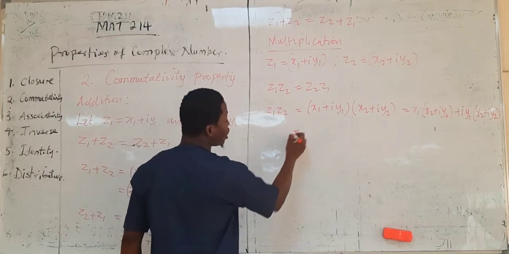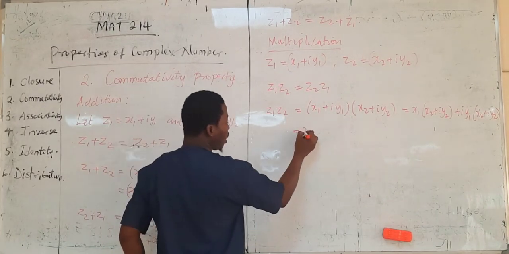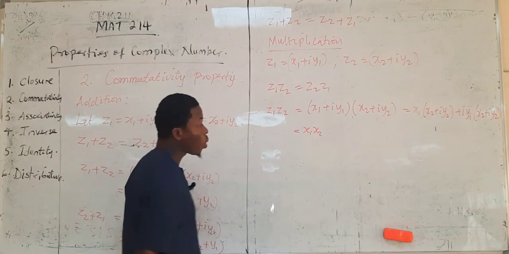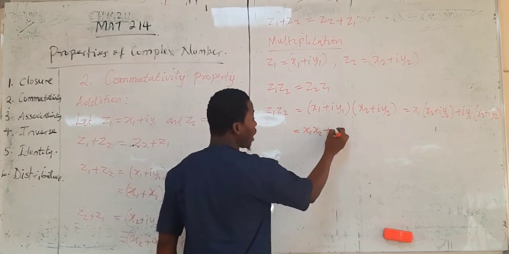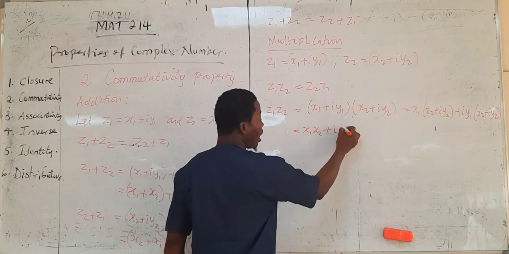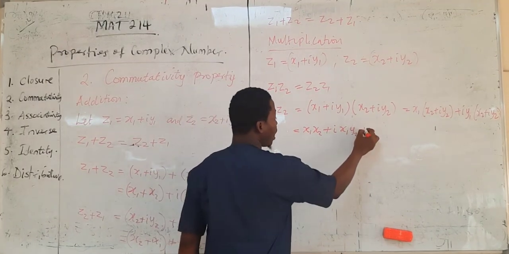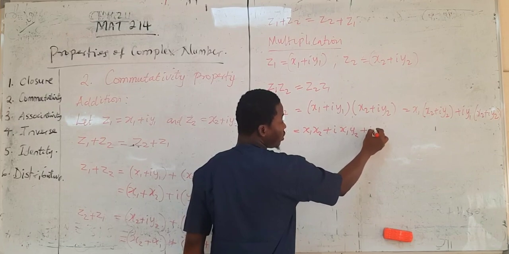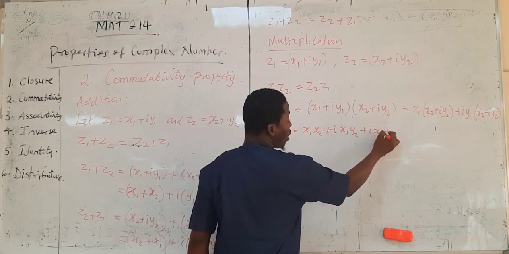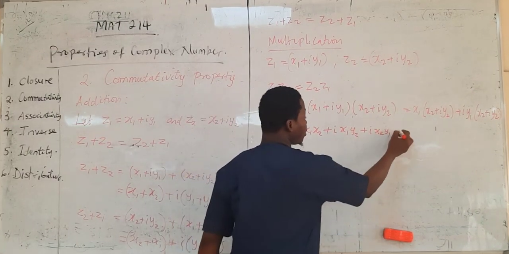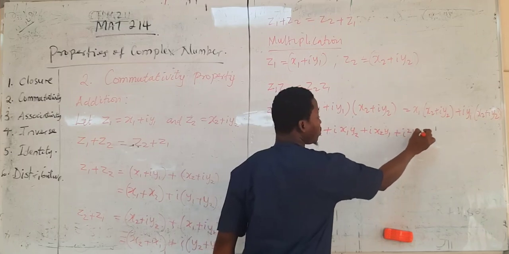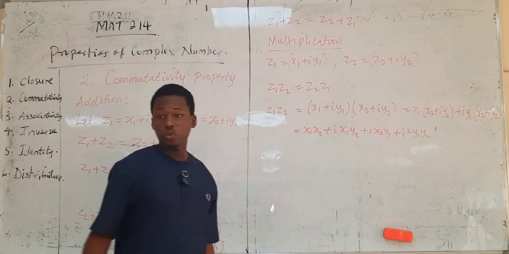Expand multiplying, we have that x1 times x2 plus i x1 y2 plus i x2 y1 then plus i squared y1 y2.